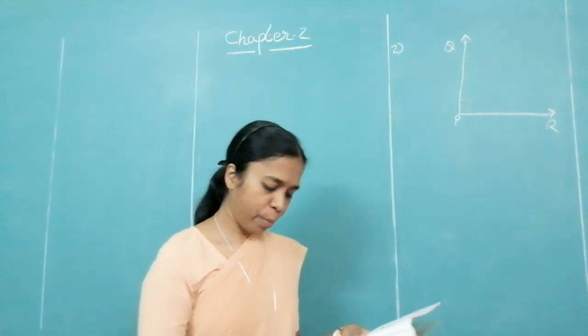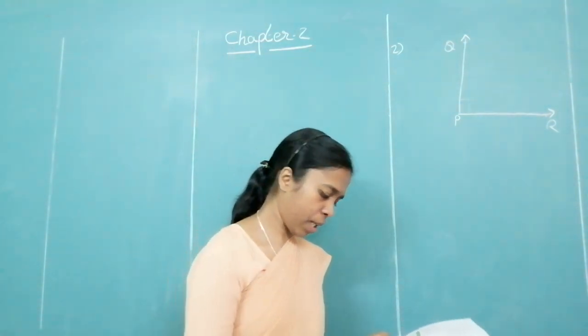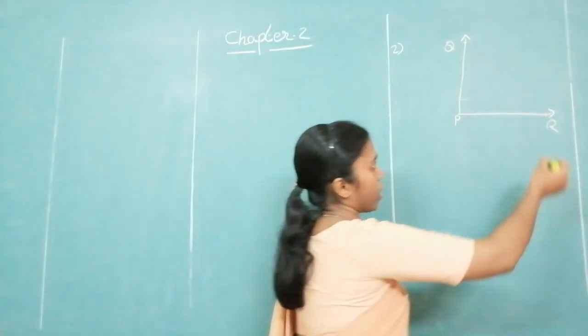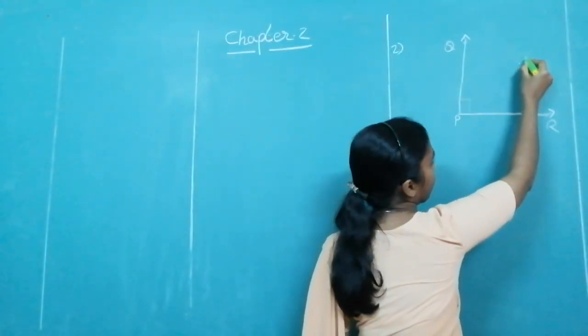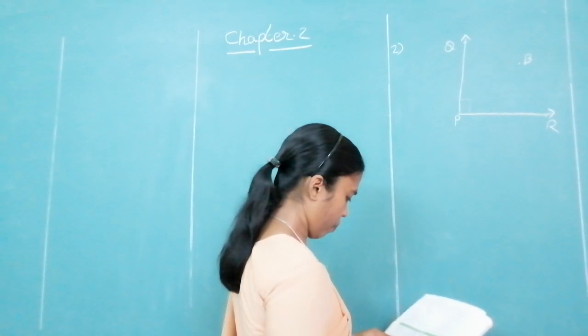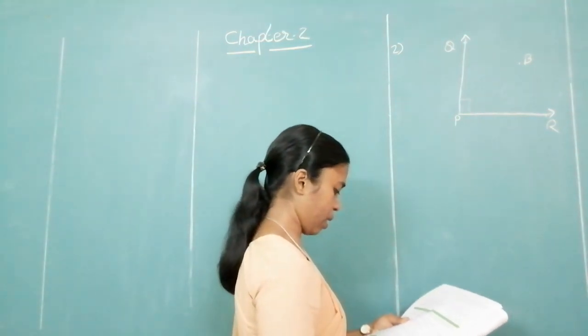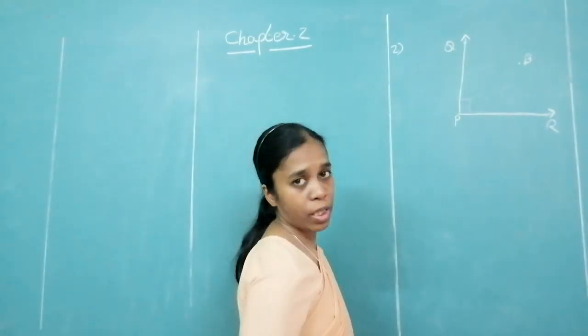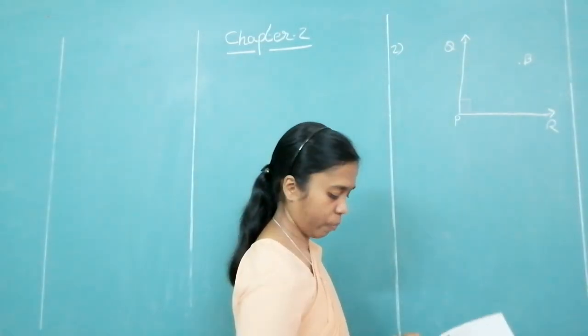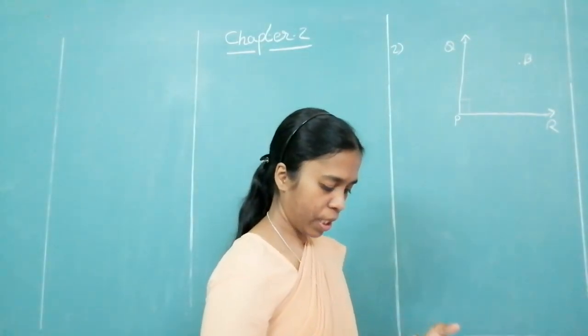Point B and A are in the interior and exterior. So B is in the interior and you have A in the exterior. Now where do I have A? They are given one more property over there.